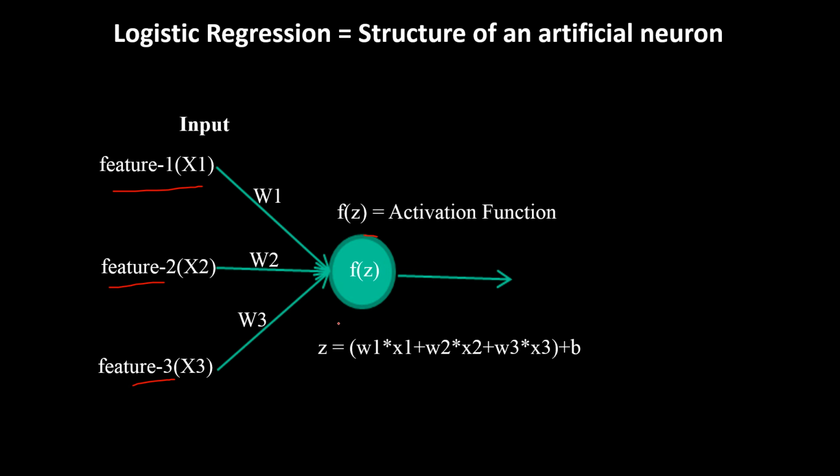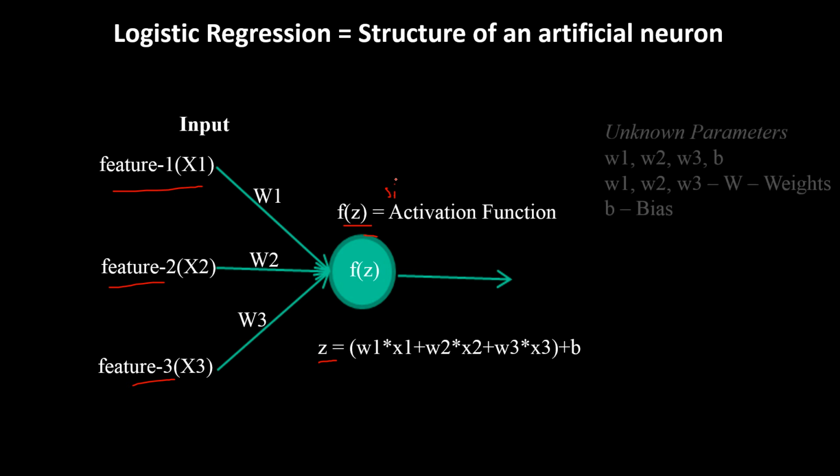We compute the weighted sum, like w1 into x1 plus w2 into x2 plus w3 into x3, and then we add a bias term and compute z, and z is passed through an activation function. In case of logistic regression it's sigmoid, and in case of other neural networks it can be other things. But keep this image in mind.